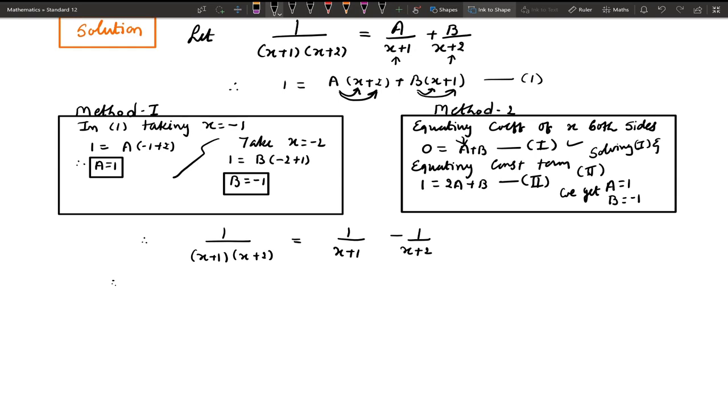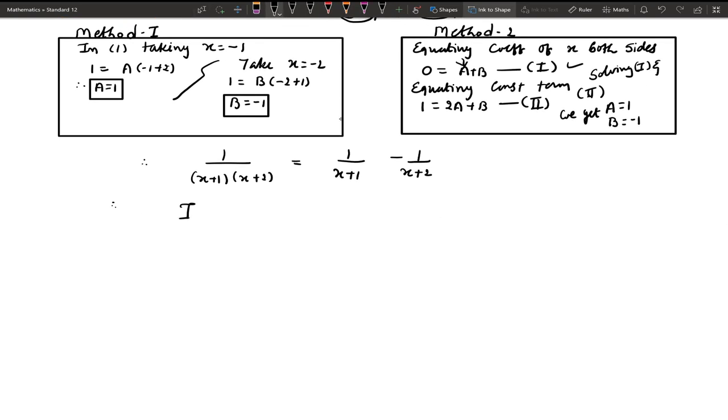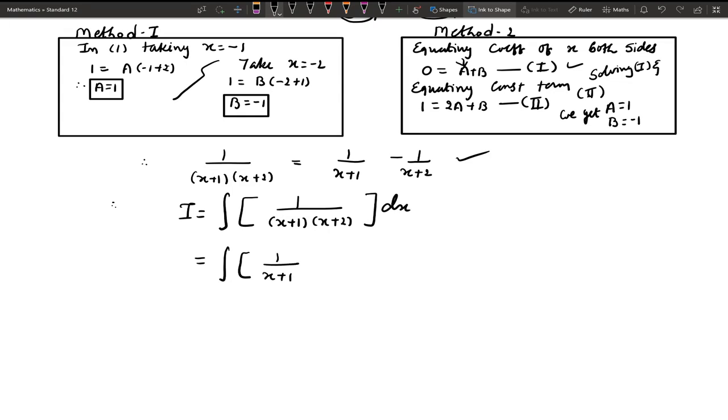And therefore the integration I equals the integral of 1 upon x plus 1 dx, we will use the right hand side form, so this method is known as method of partial fraction, minus the integral of 1 upon x plus 2 dx.